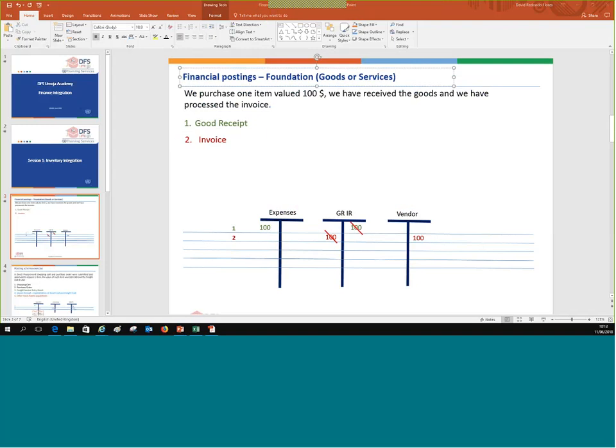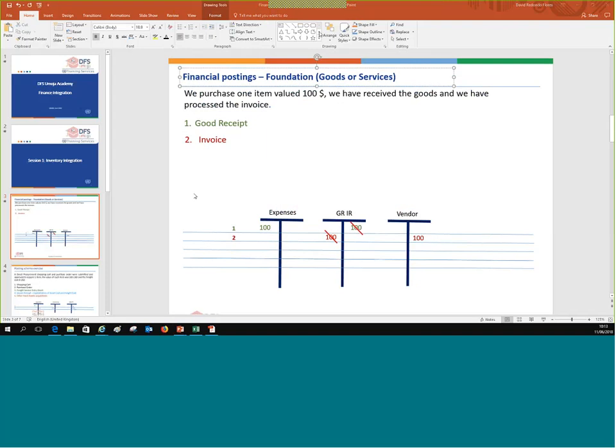Do you remember when we have a PO for goods, for example, in foundation, we would be acquiring one item valued at $100. As soon as the goods receipt was processed, we had the debit going to expense account and the credit going to GRIR. Do you remember this posting? If you are following me, please click on the green check so I can get feedback.